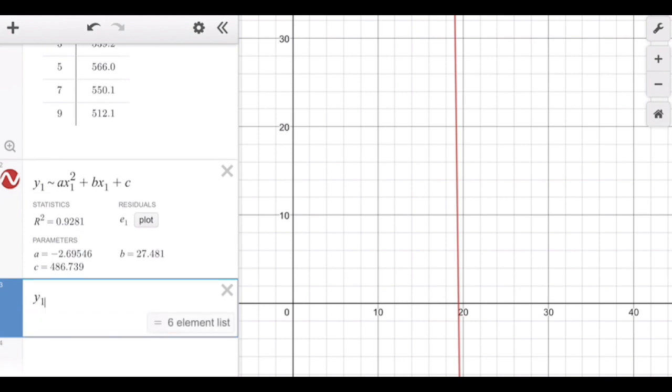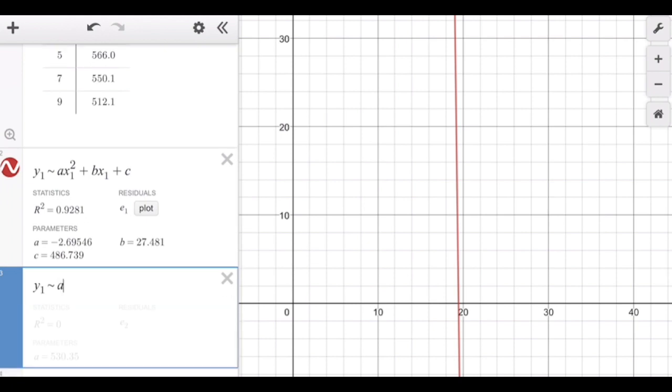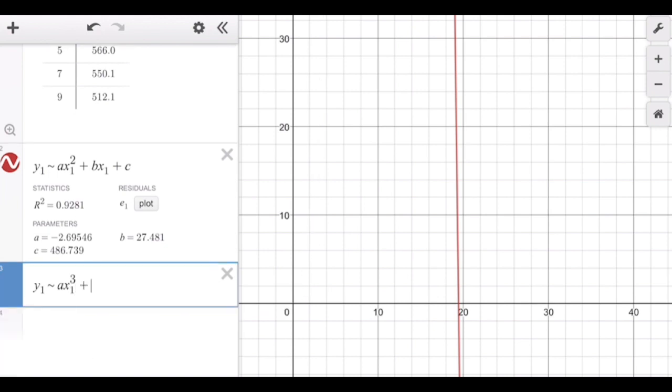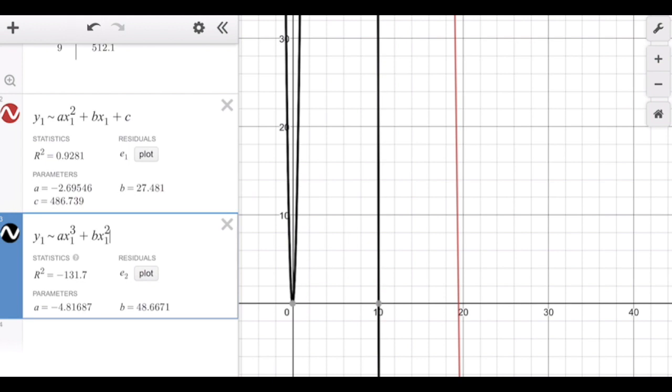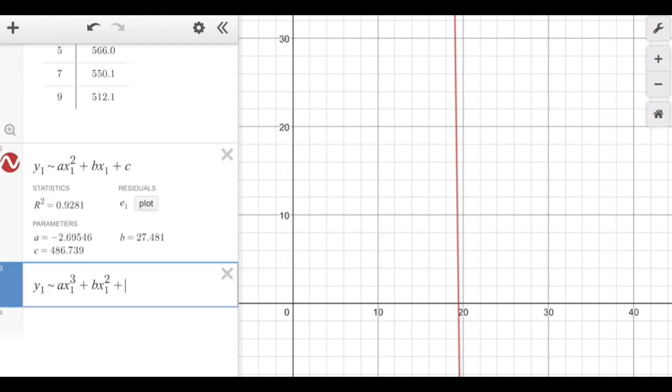So y sub 1, so I know where my data points are coming from the table, is approximately equal to ax sub 1 cubed, plus bx sub 1, because that needs to tell the graph where our values are coming from, but this x value is also squared, so I'm doing a sub and a square, plus cx sub 1 plus d.